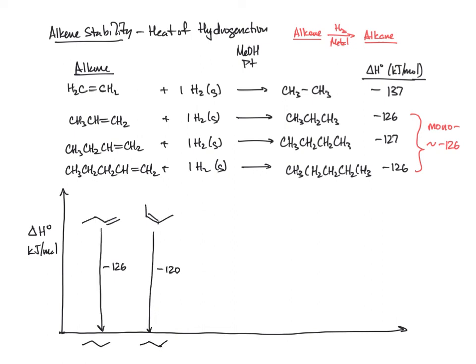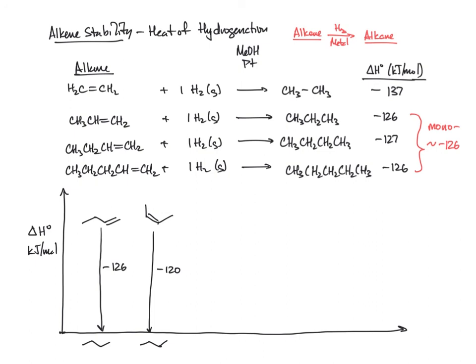So it evolves less heat. What is that telling us? This difference of 6 kilojoules per mole, this molecule is more stable than this. So the more heat you evolve in this comparison, the less stable.